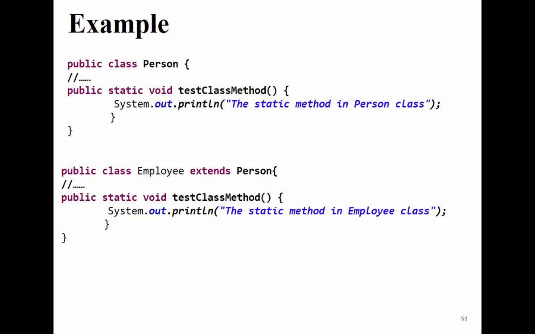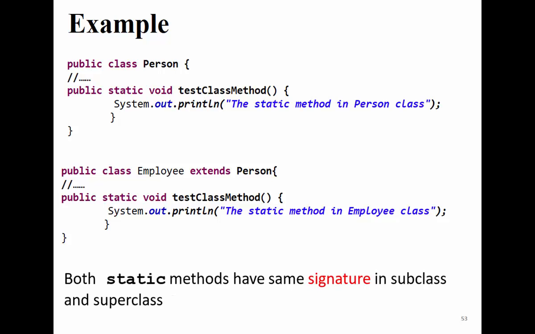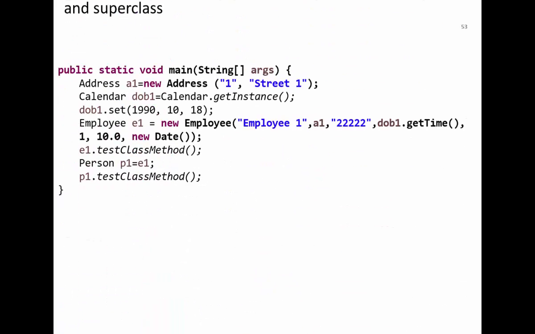And then we extend Person by creating a class called Employee, and inside Employee we have a public static void with the same name, testClassMethod. So we print a different message: we print the static method inside the Employee class. Now both static methods have the same signature inside the subclass and superclass.